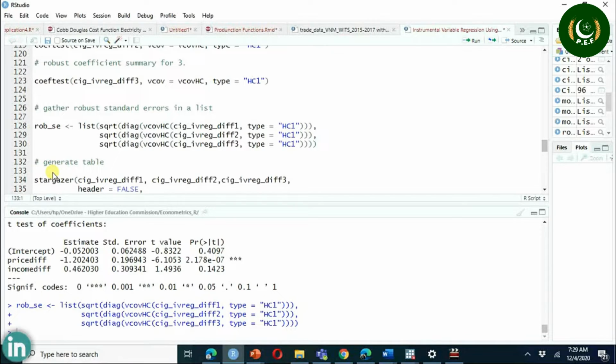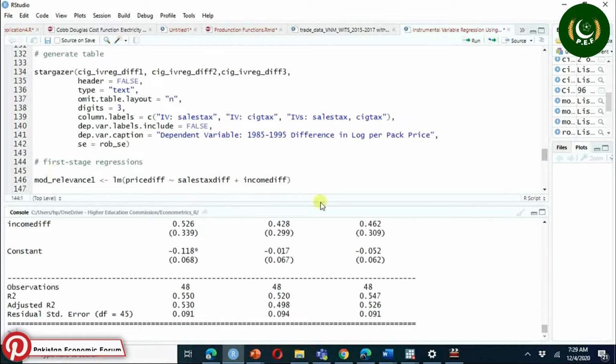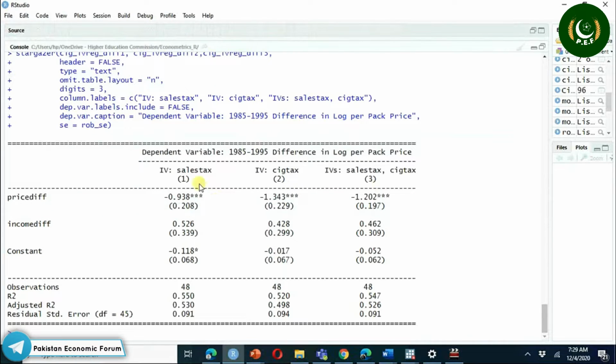You may need to install this package, or you have Hugs table. So these are our results now from all three models. You see here you have sales tax only as an instrument, here cigarette specific tax as an instrument, here sales tax and cigarette specific tax as instruments.